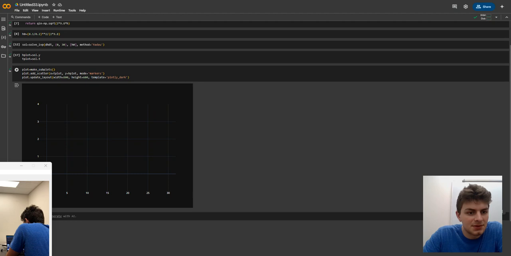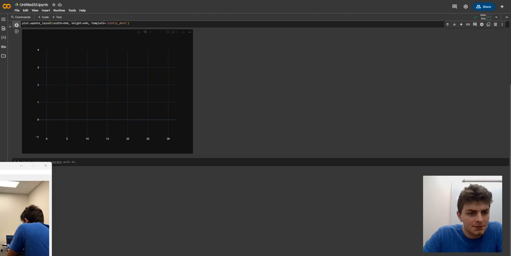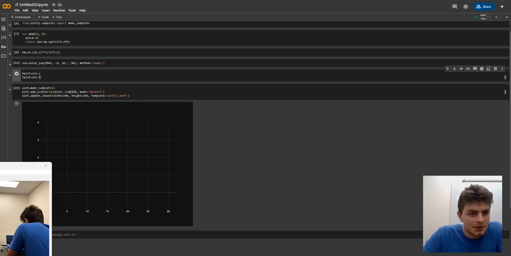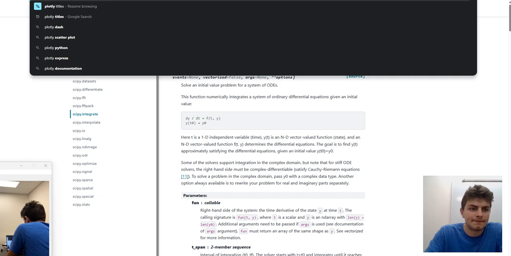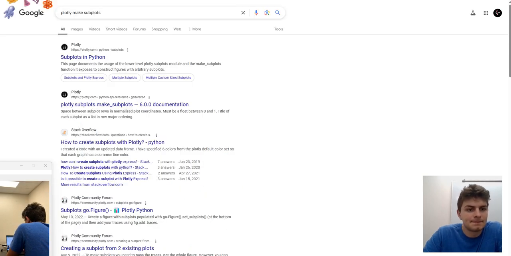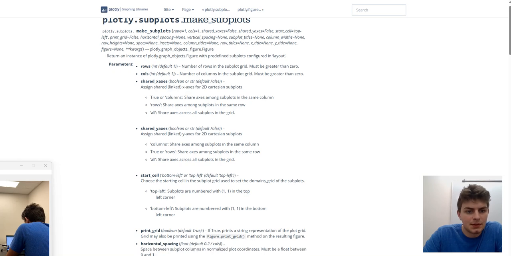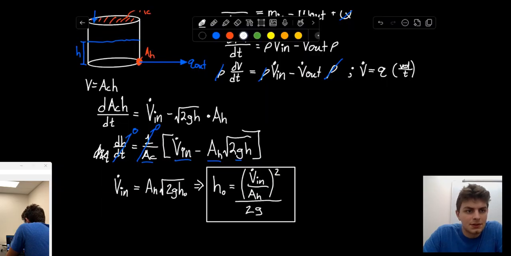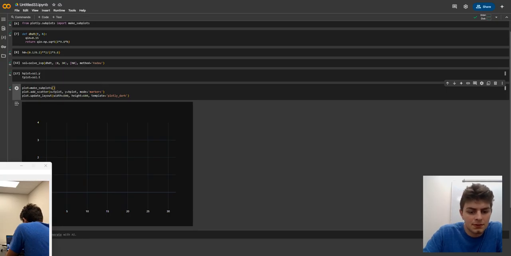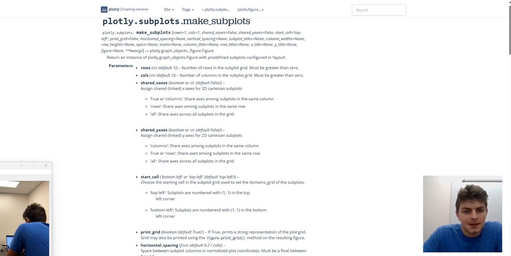So now we just have to see what's really going wrong with the plotter here, because we don't have our points really showing up. So let's see. Say rows 1, columns equals 1. Okay, that didn't change it.